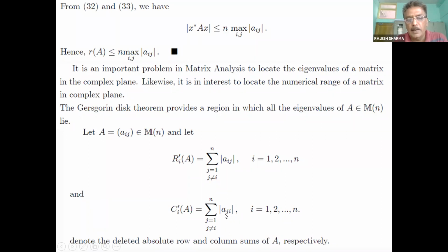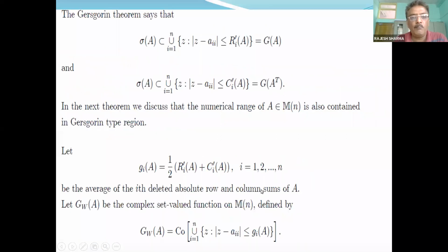That is, here we are adding the off-diagonal entries of the ith column except the ith diagonal entry, and this is called the deleted absolute column sum of A. Then the Gershgorin disk theorem says that the spectrum of A, that is all eigenvalues, lie in the union of these n disks centered at a_ii with radius R_i'(A), and also they lie in the union of these n disks centered at a_ii and radius C_i'(A).